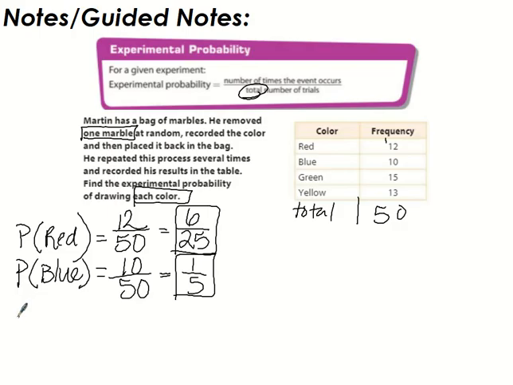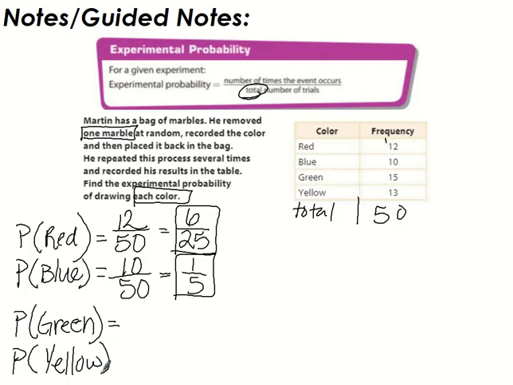Okay, so let's have you pause and get the experimental probability for green and do the experimental probability of yellow. I want to see if you can do them. This is where you should pause and try them on your own and check. So for green, we have 15 out of 50.